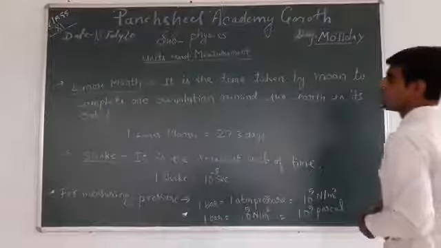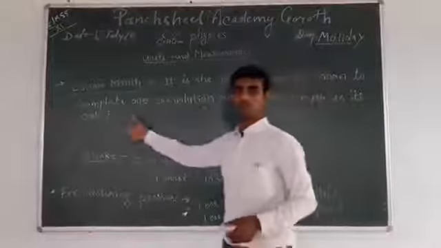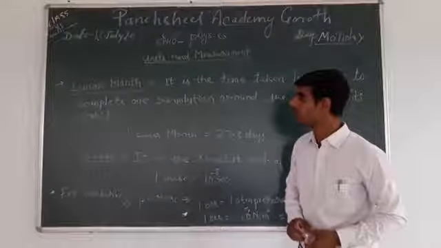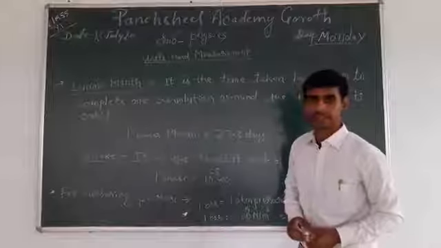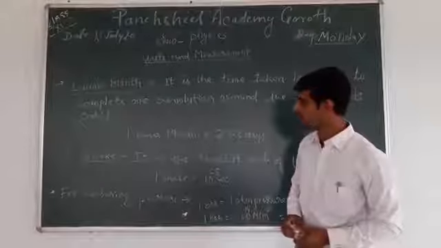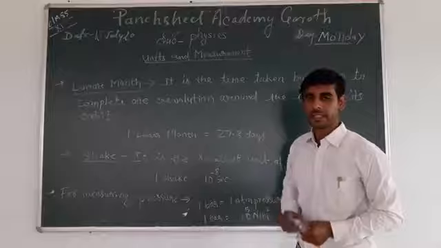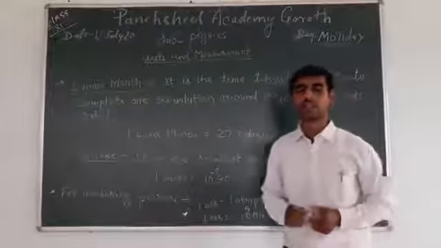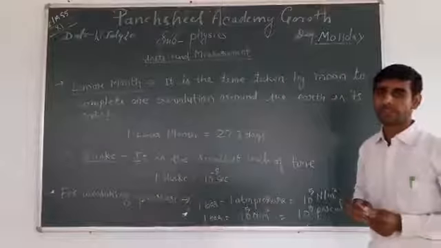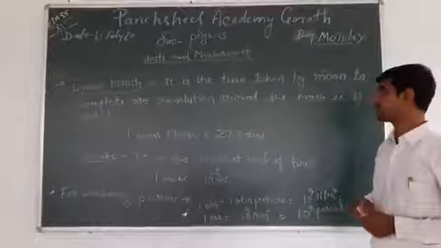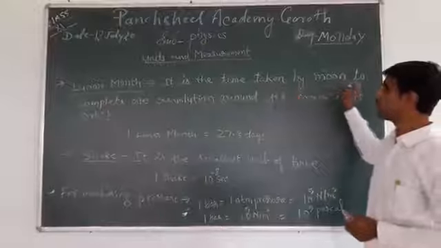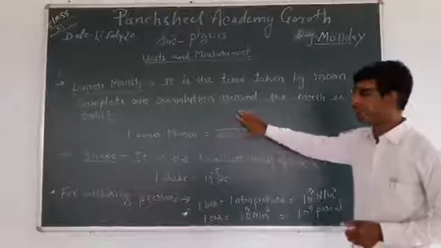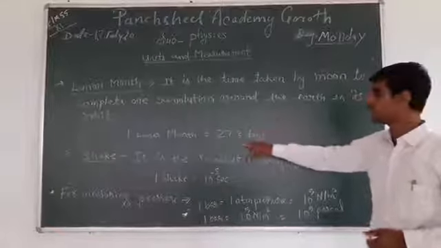Some 2 more units for the measurement of time. First, lunar month. It is the time taken by the moon to complete one revolution around the earth in its orbit, which is equal to 27.3 days.